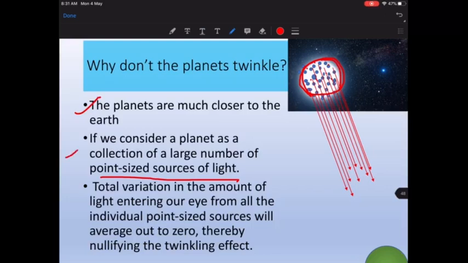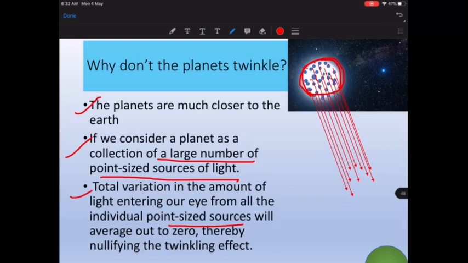So look at the second point. If we consider a planet to be a collection of a large number of point size sources of light, the total variation in the amount of light entering our eye from all the individual point size sources will average out to be 0, thereby nullifying the twinkling effect. Every point size source, every blue dot that I have shown on the slide, will have some kind of twinkling effect.